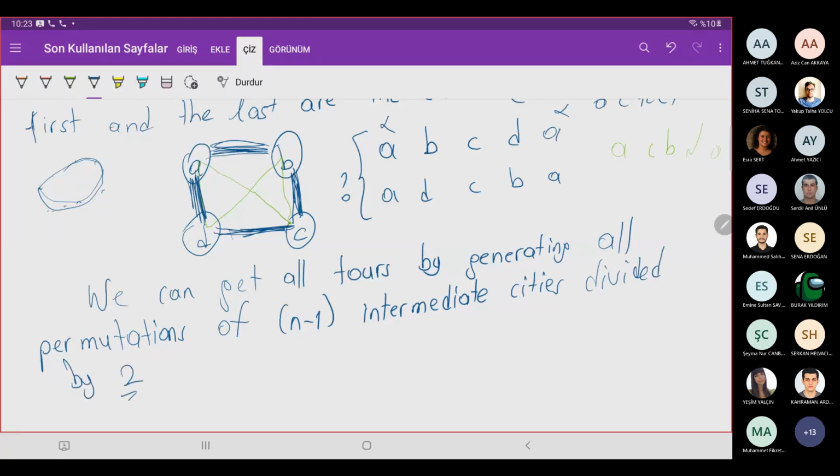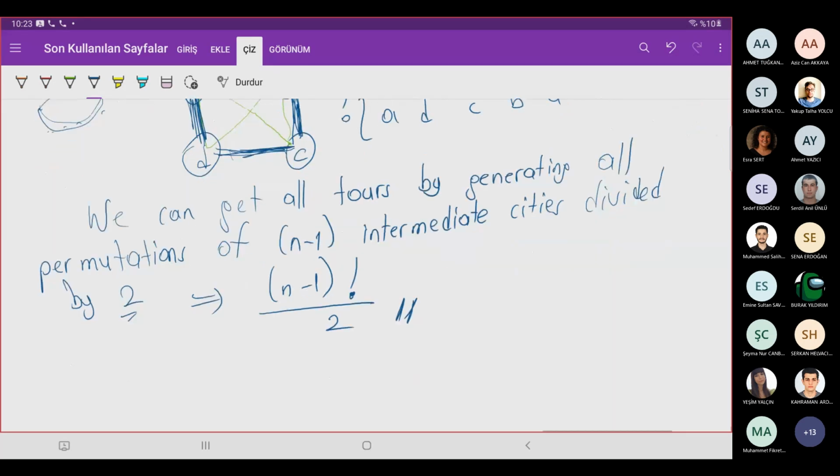And this division by 2 is because of the reason that I just explained. So that actually becomes (n-1)! over 2. There are (n-1)!/2 possible candidates.